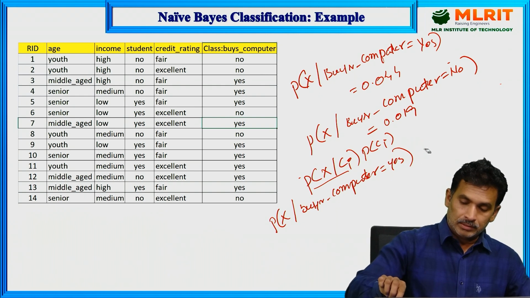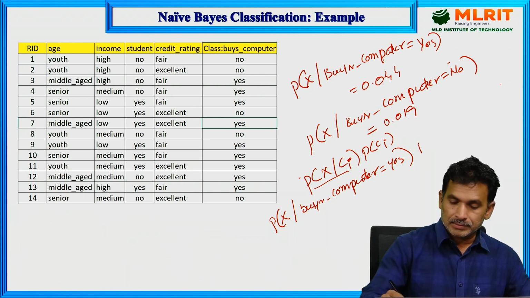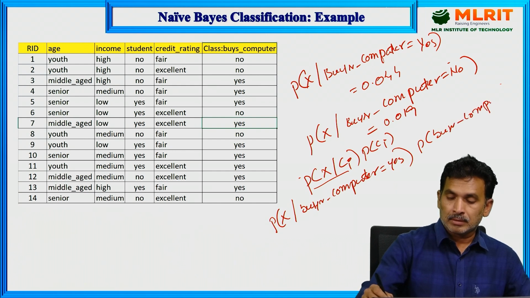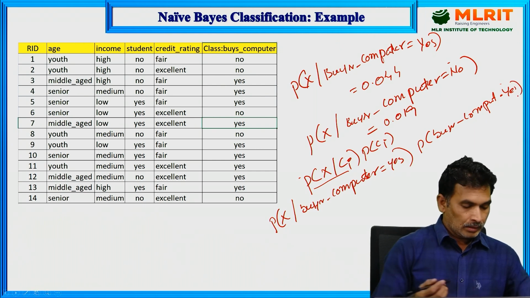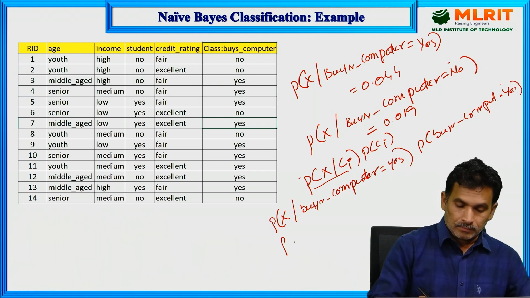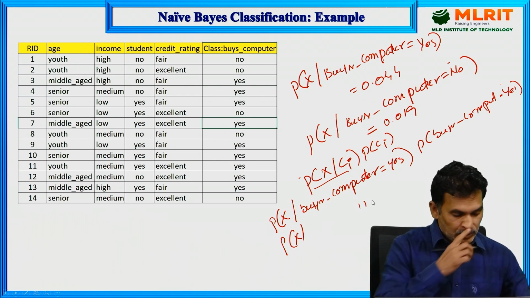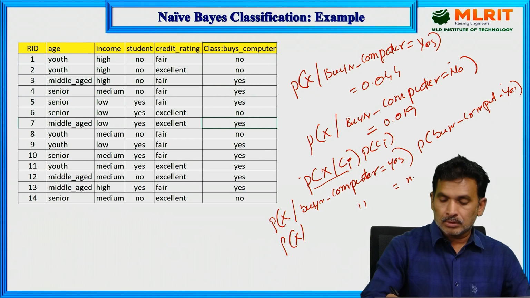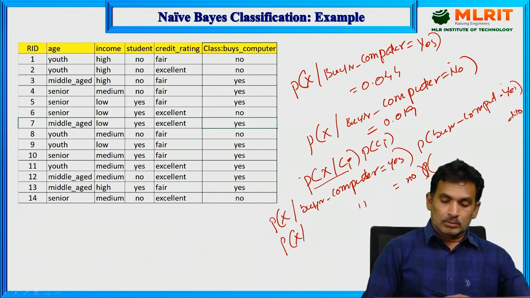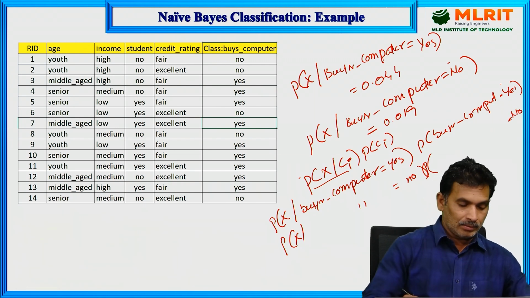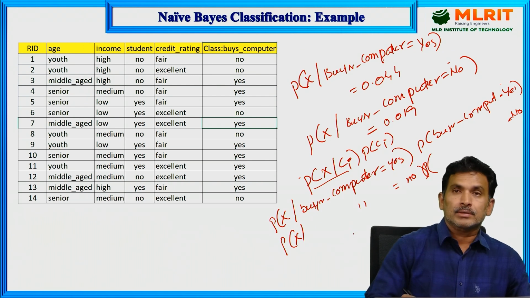So here I will remove this part. So probability of Bayes computer equal to yes. And similarly, for the next class, probability of X given Bayes computer no, and the probability of Bayes computer is no. So if you multiply these values, we will get the first one.